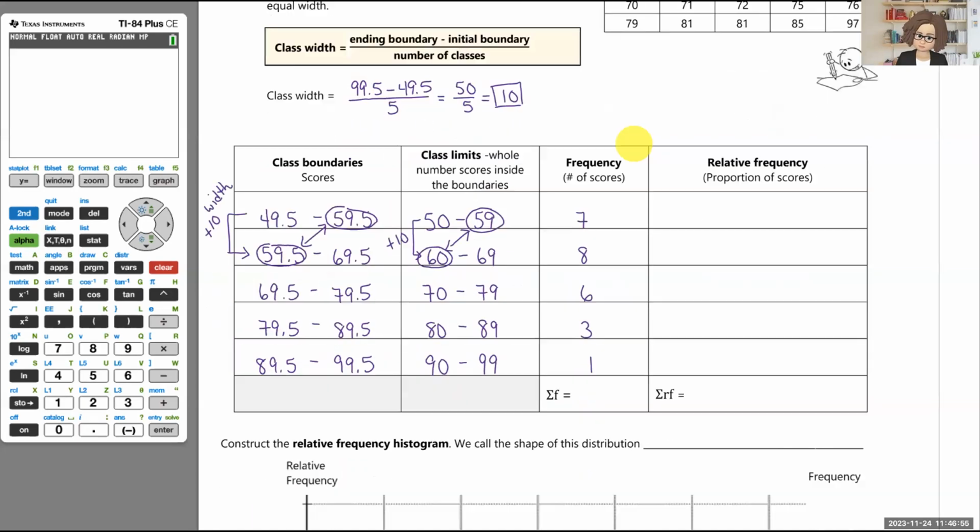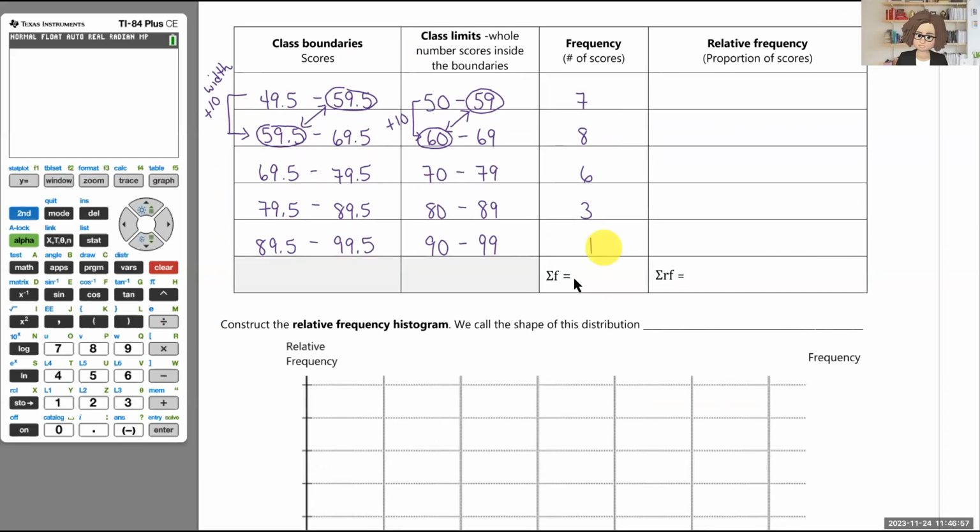All right. So just as a quick check, we could add those frequencies together. And that is going to be, I believe, 25, but I'll just type it in here and make sure. Yes, we have 25 students in the class, so 25 grades.